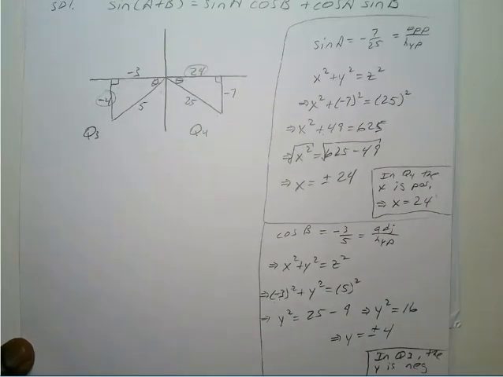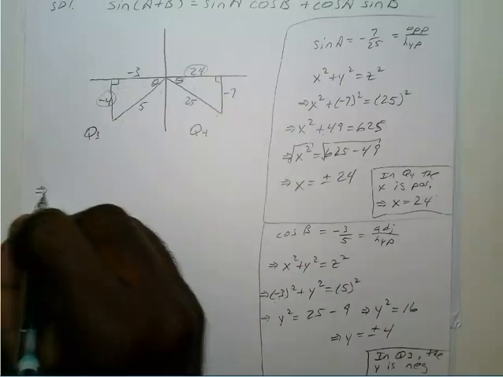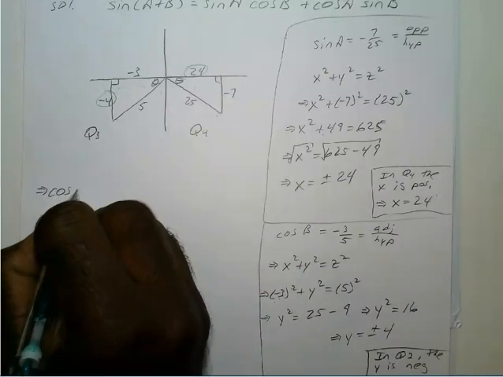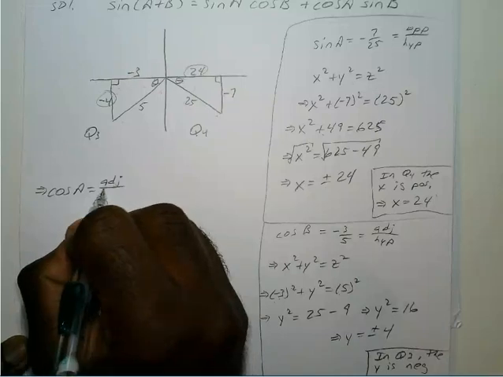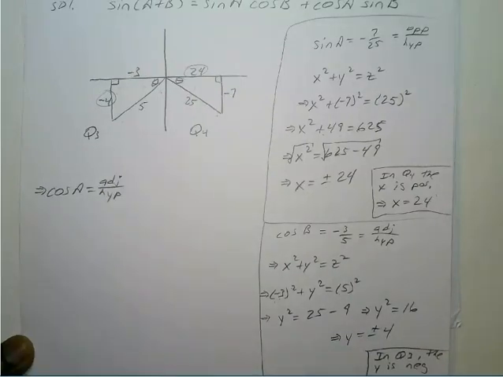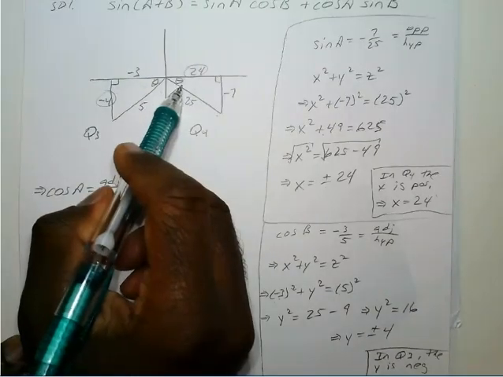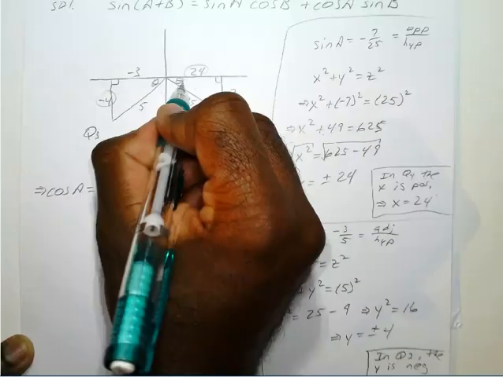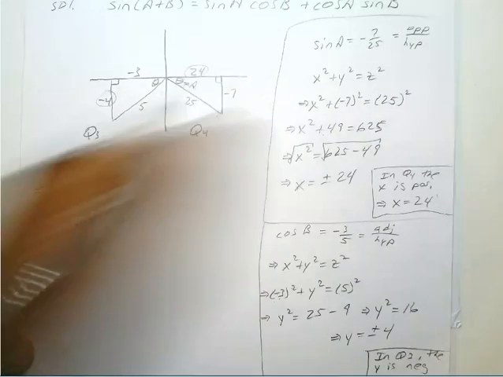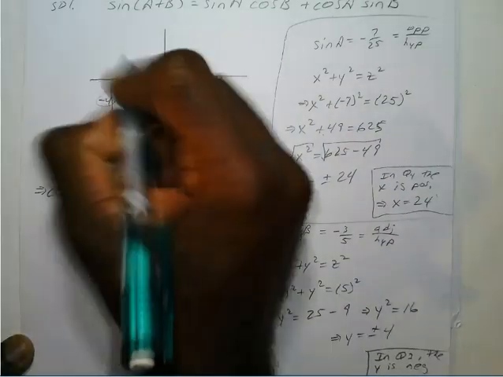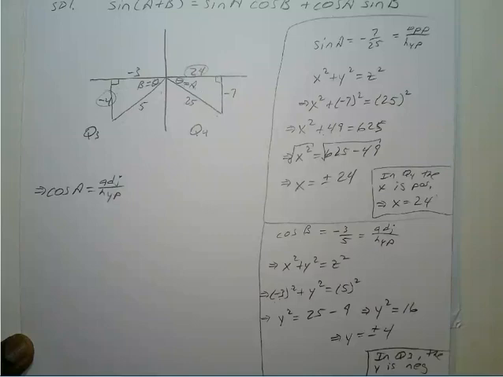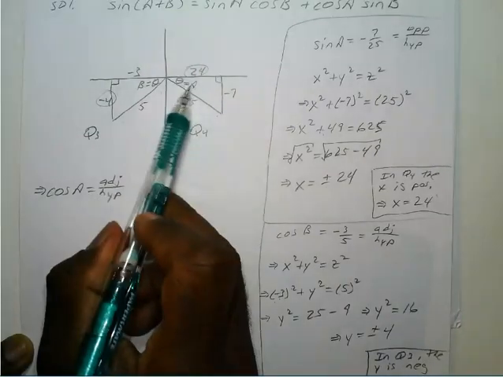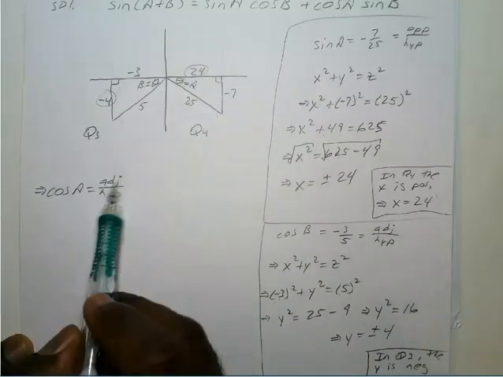All right. So cosine of A is adjacent over the hypotenuse. Okay. Remember, in quadrant 4, our theta is A. In quadrant 3, our theta is B. So cosine of A in quadrant 4 is adjacent over hypotenuse.